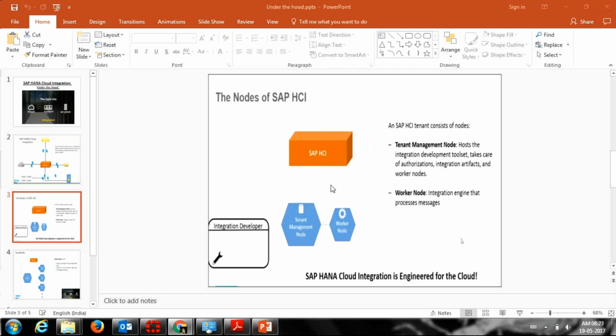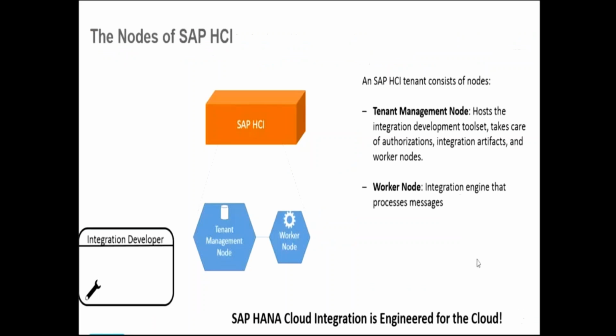Every time a message comes to your HCI, say the data is going from my ECC to SuccessFactors, all the objects related to that interface will be taken from the tenant management node and loaded on the worker node. The processing of that message will be done and the cache is cleared.